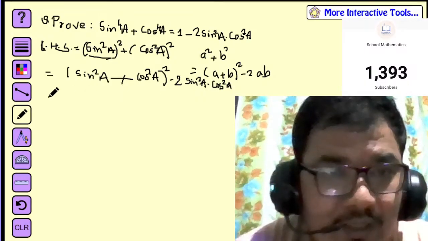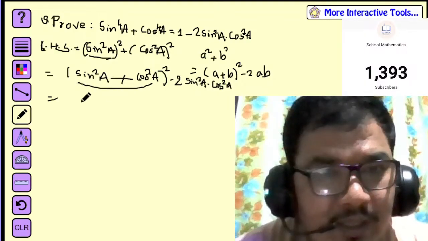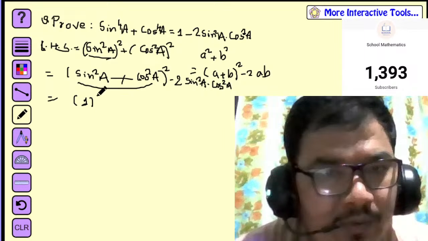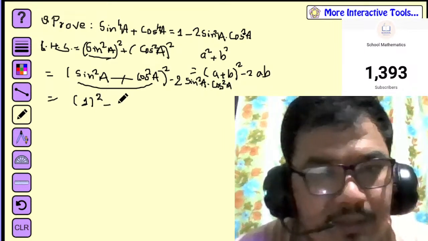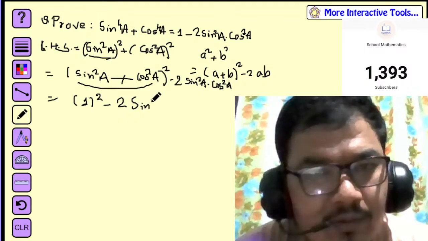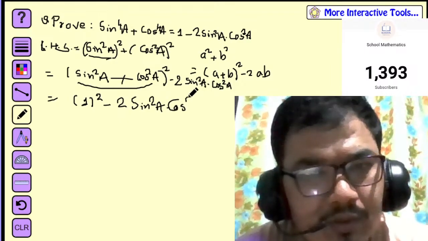Now we know that it is the Pythagorean relation, sine square a plus cos square a, its value is 1. Then write 1 square minus 2 sine square a into cos square a, right?